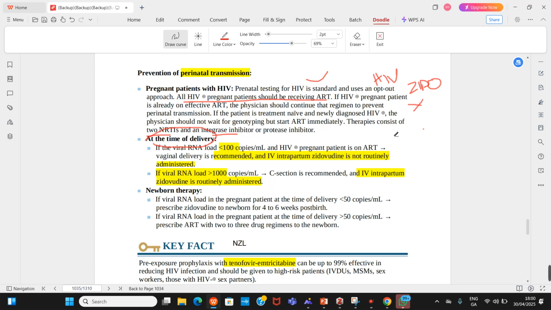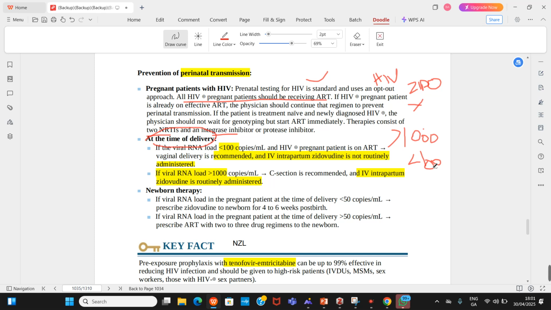If the mother is more than 1,000, don't ever try to do vaginal delivery. Immediately give intrapartum IV zidovudine and do cesarean section. You can schedule it at 38 weeks, ideally. If it's less than 50, ideally you can do vaginal delivery and not even give intrapartum zidovudine.